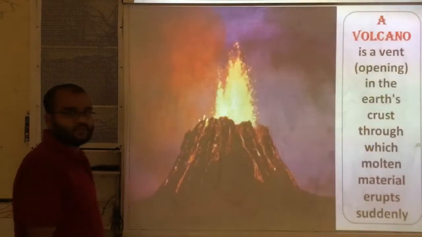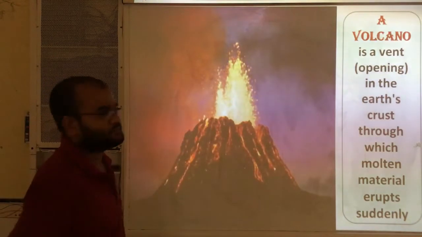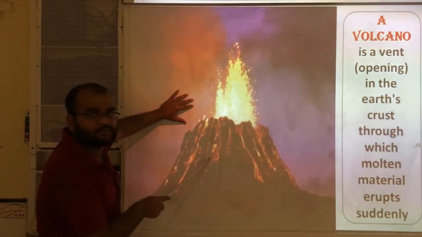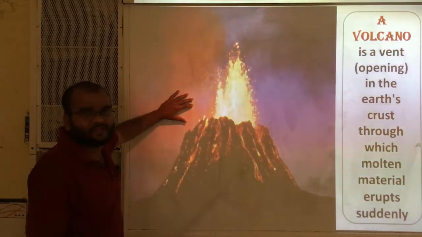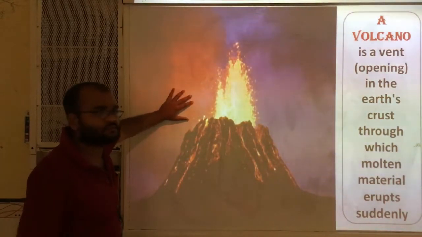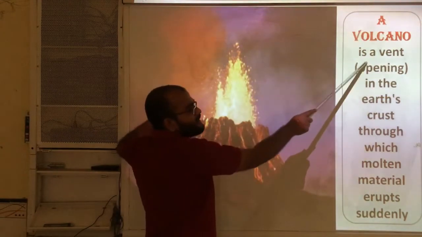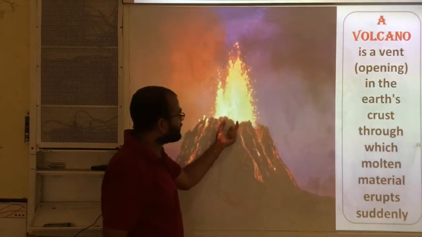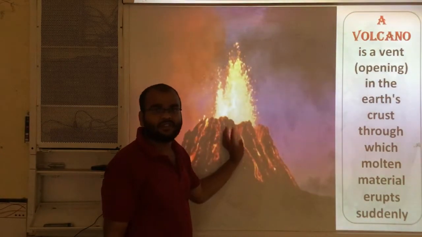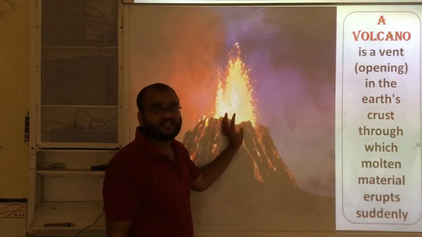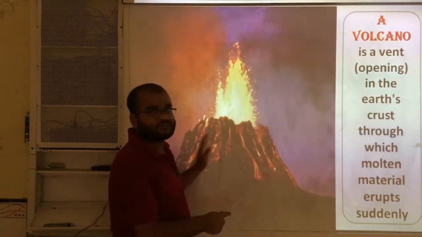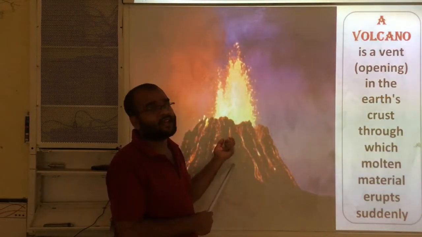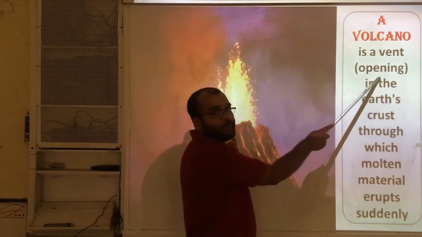Volcano. First of all, let us discuss the volcano. This is a figure which represents the volcano. What is the meaning of volcano? Here you can see a volcano is a vent. Vent means opening, some hole. One hole is present inside this land structure. That hole is called a vent or opening.